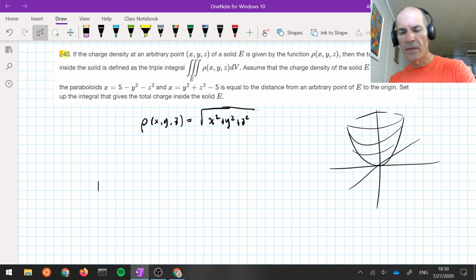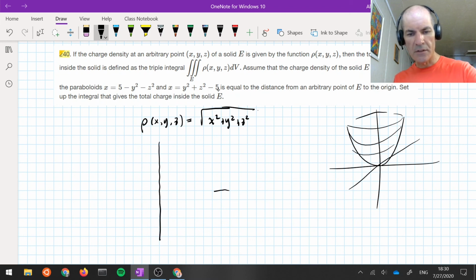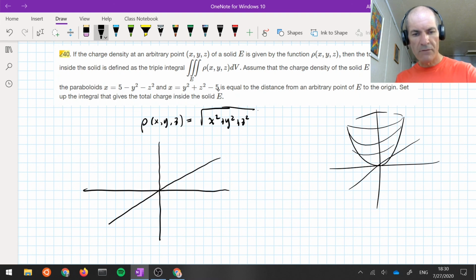So what that would correspond to is, and my art here is going to really suffer, I think, but let's give it a shot. So we have this paraboloid that's opening along the positive x-axis, but it's shifted back. So it's going to go something like this and like this.